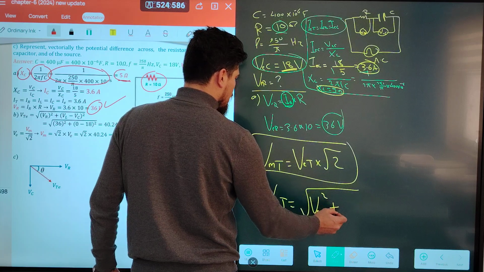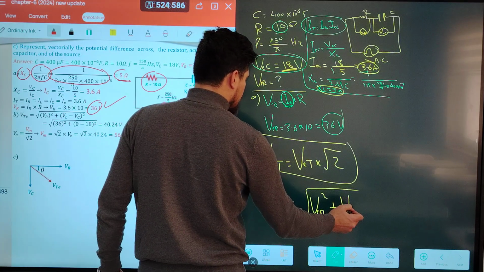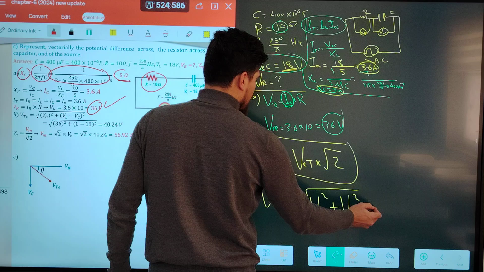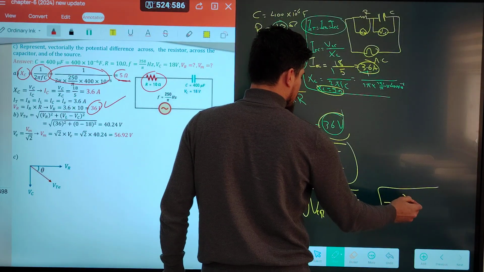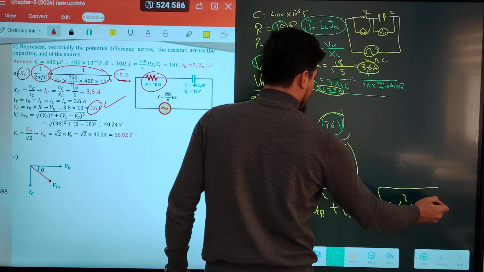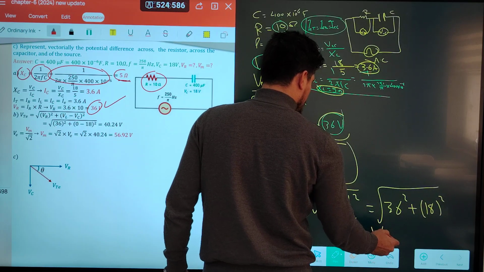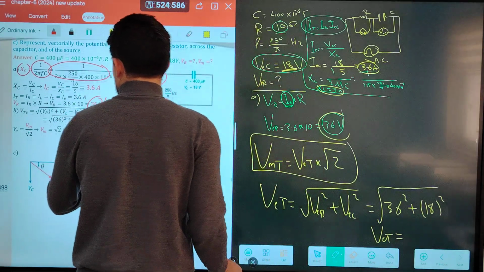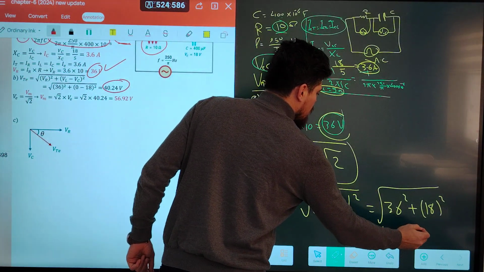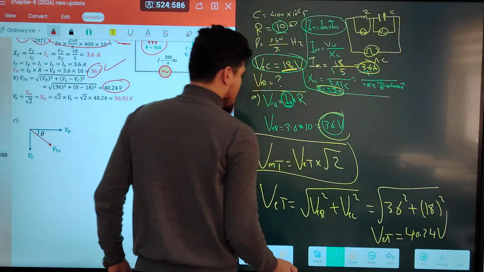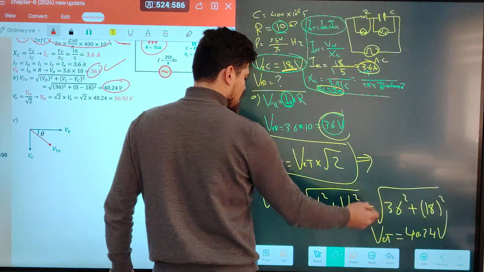VER square plus VEC square. VER 36 plus 18 square. VE total is equal to 40.24 volt. How about V maximum?